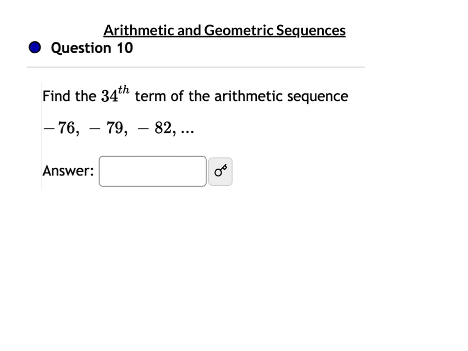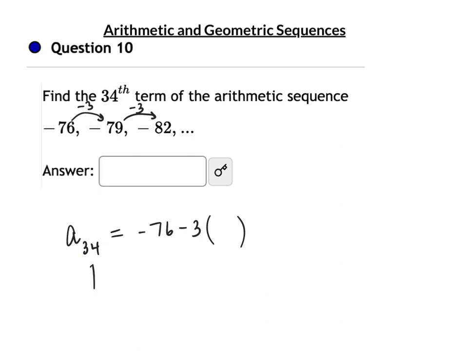Question 10. We're asked to find the 34th term. That's a sub 34. This sequence begins at negative 76. Each time I move one spot, I decrease by 3, or add negative 3. So I take away 3 to get to the next spot, over and over and over.